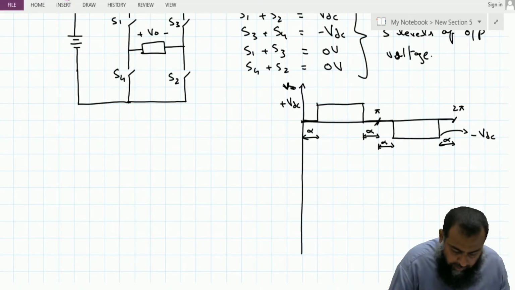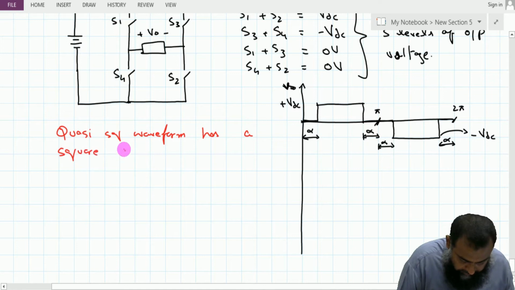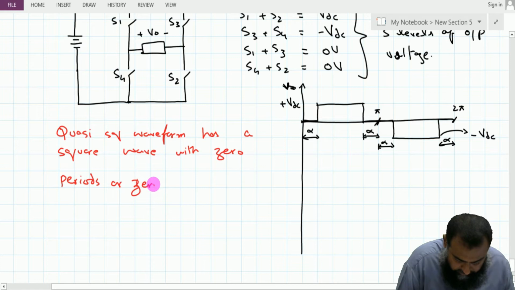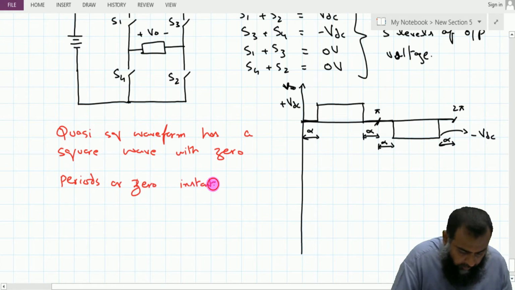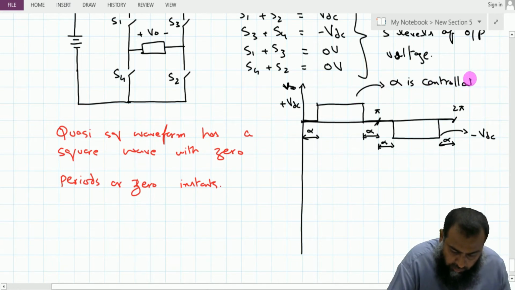So the definition of a quasi square waveform: a quasi square waveform has a square wave with zero periods or zero instants, and this alpha is actually a controllable quantity.